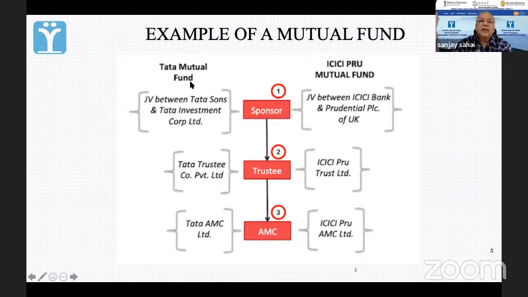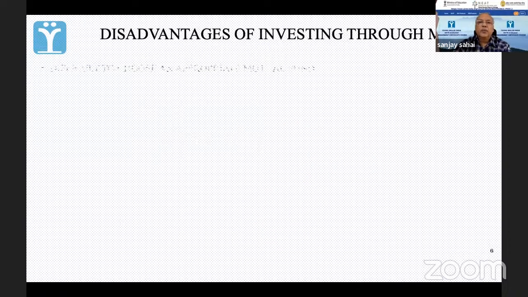Tata Sons and Tata Investment, the sponsor, will not be taking any decisions with regard to this company. There is a distance, so that Tata Sons cannot influence these people. They will take their decisions in accordance with the objectives of the AMC and will protect the interests of the investors.